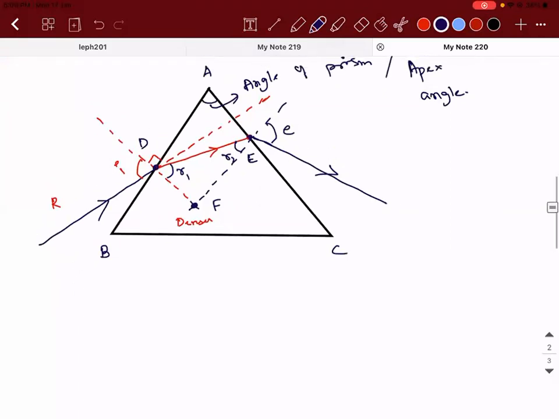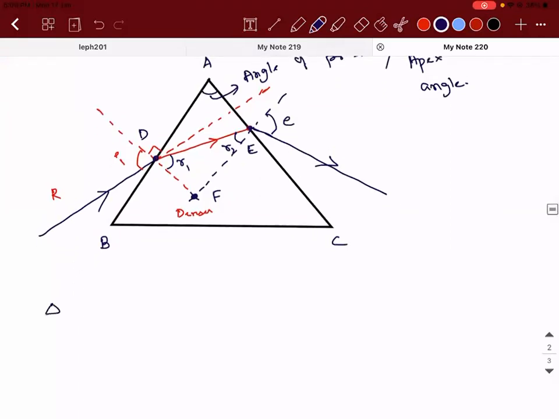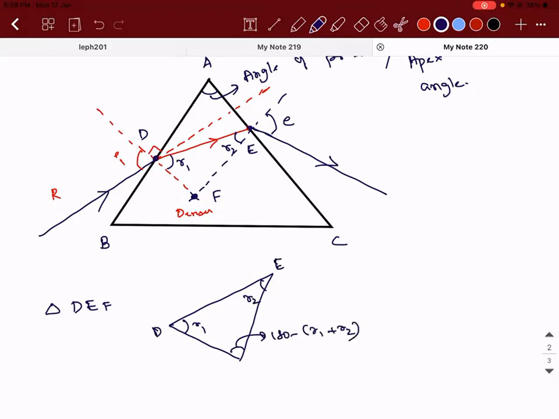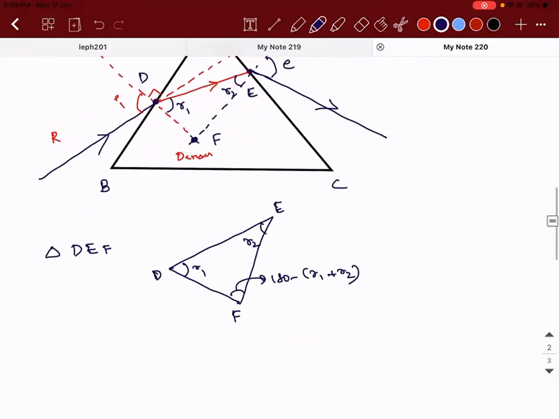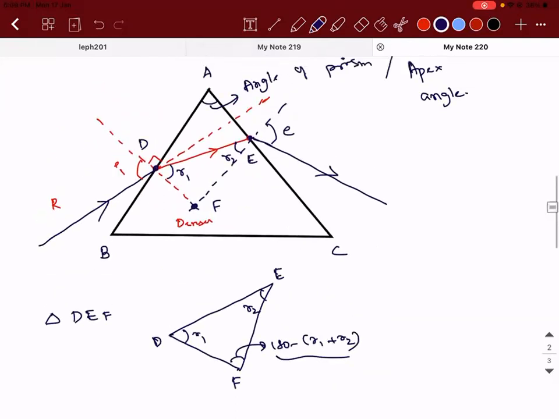Now, if I take the triangle DEF, so DE is like this, F is like this. This is R1, this is R2, and if I take this angle, this will be 180 minus of R1 plus R2. So this is D, E, and F. So angle F is going to be 180 minus (R1 plus R2).